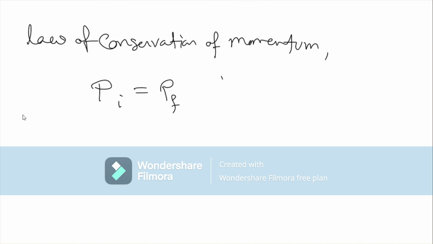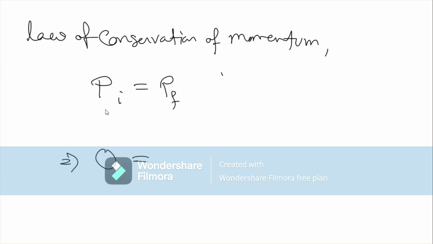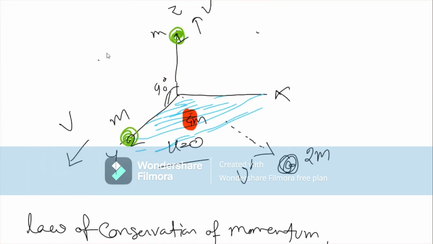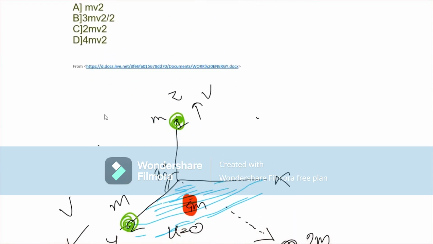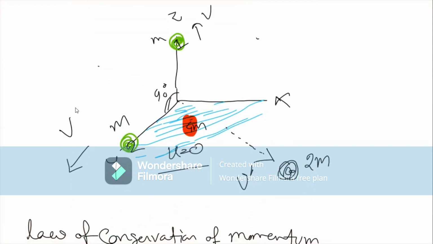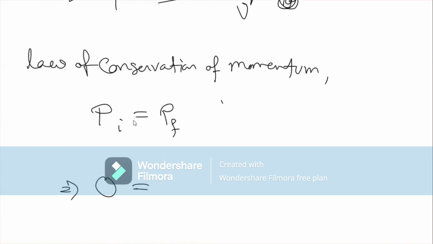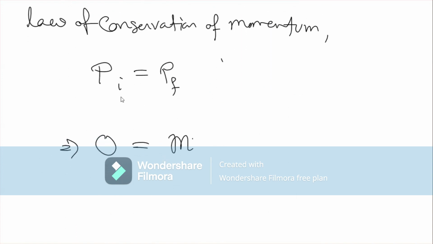Okay, so initial momentum is 0 and the final momentum is momentum of these three masses. So for mass 2 and mass 1, their momentum will be mv plus mv.